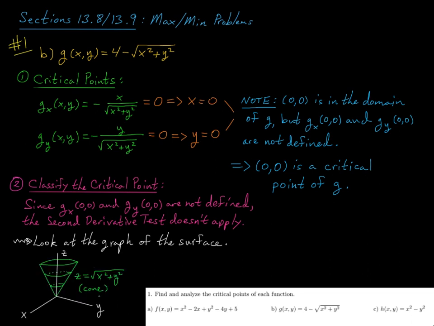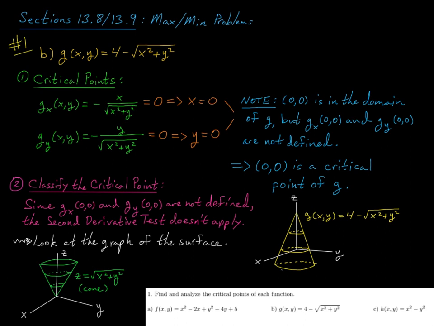Now, if I look at just the equation z equals the square root of x squared plus y squared, the graph of this equation is a right circular cone. Now, if I look at 4 minus the square root, the negative in front of the square root is just going to flip the cone upside down, and this 4 is just going to shift the cone 4 units up along the positive z-axis.